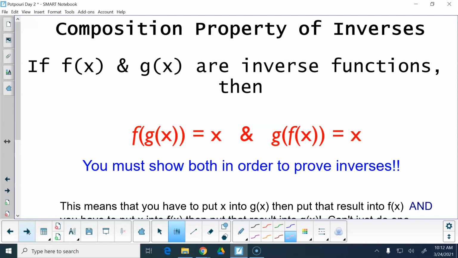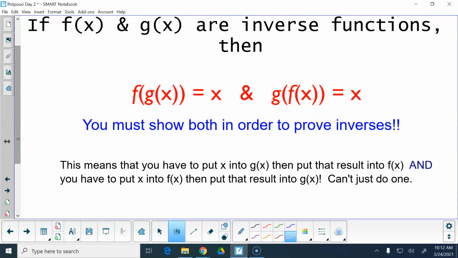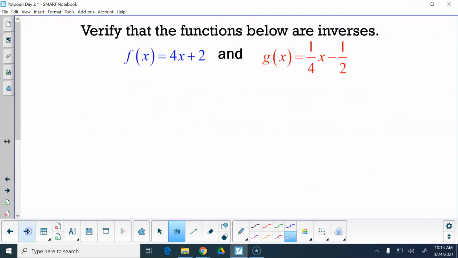So that means that you have to put x into g of x, then put that result into f of x, and you have to put x into f of x, and then put that result into g of x. And you have to do both in order to prove that functions are inverses. You can't just do one. You have to do both.